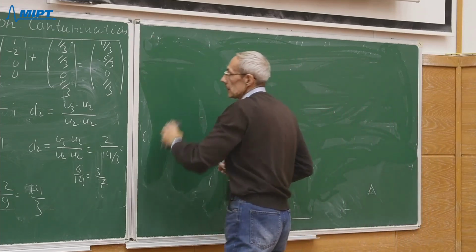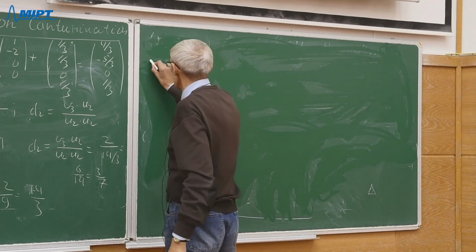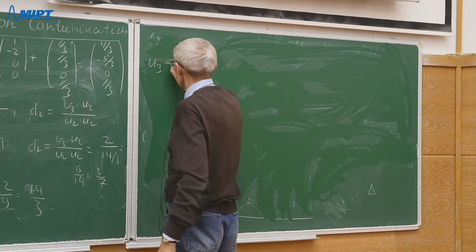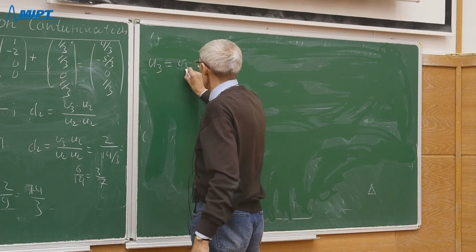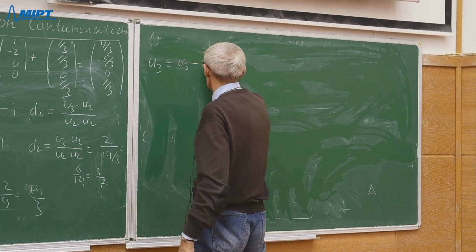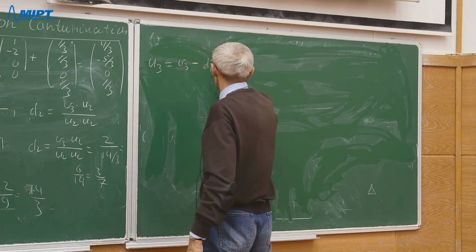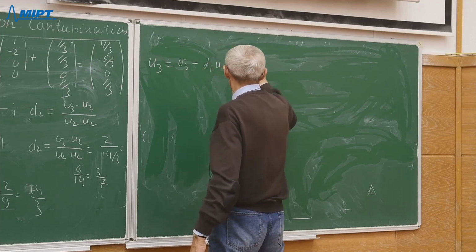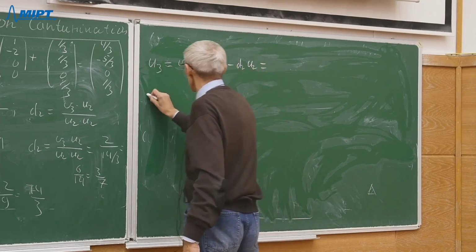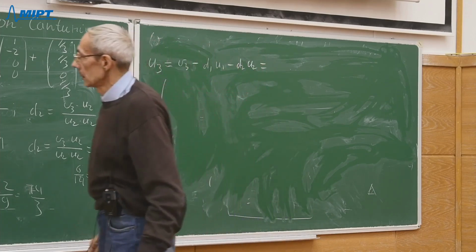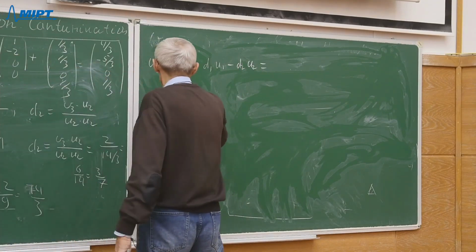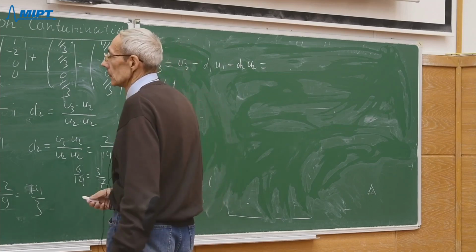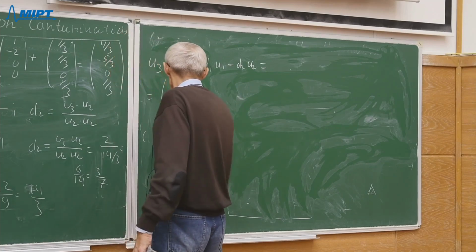And we obtain that the vector U3 is equal to V3 minus D1 U1 minus D2 U2. V3 has the coordinates 1, 0, minus 1, 2.